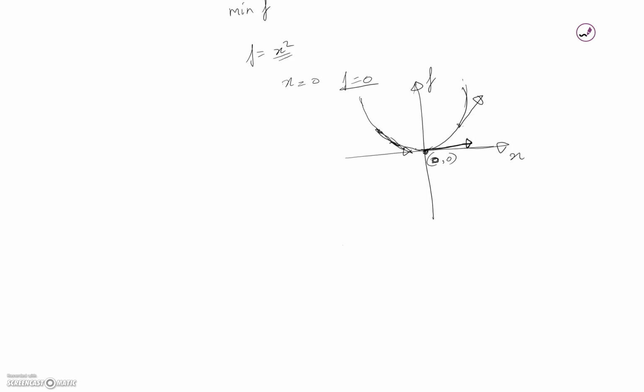At no other point along this curve is the tangent parallel to the x-axis. You can see that it starts off pointing towards the negative y direction, points less and less that way, finally becomes 0, and then starts pointing upwards.